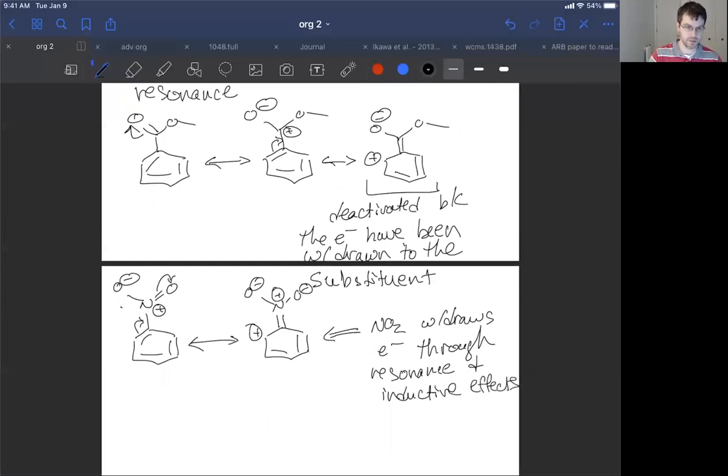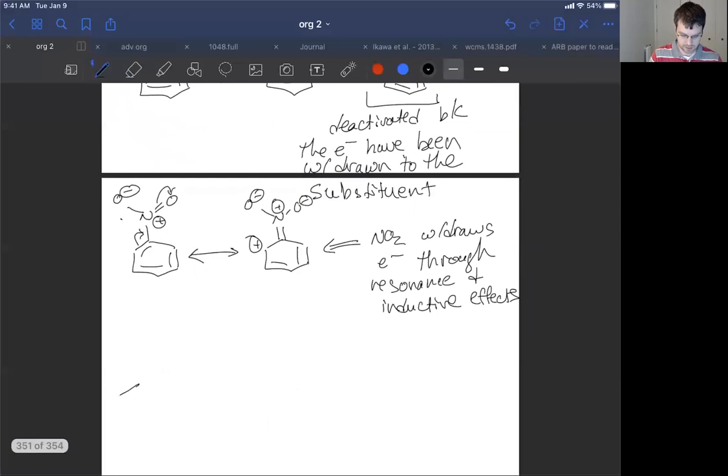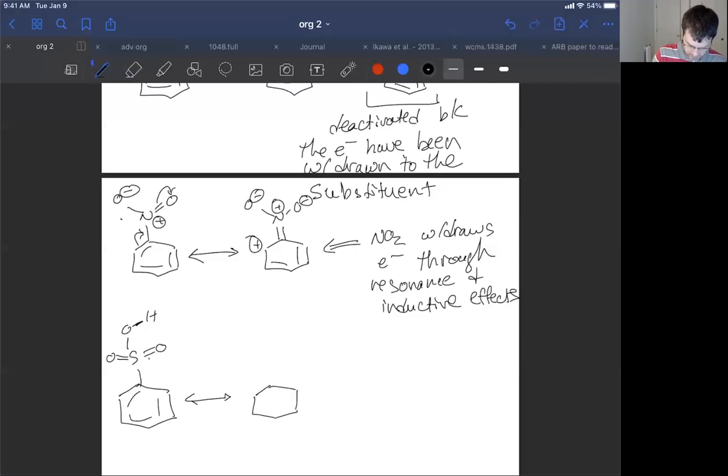Okay, now similarly, we could draw the exact same thing for sulfur. And the sulfur I'm speaking of is the sulfonic acid that we make by the sulfonylation of benzene. So if we take this, we draw resonance structures of it. What I would do is we could just push electrons onto the oxygen, and we could actually do it in both directions.